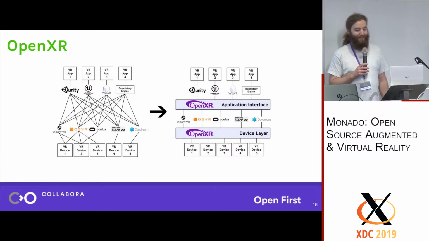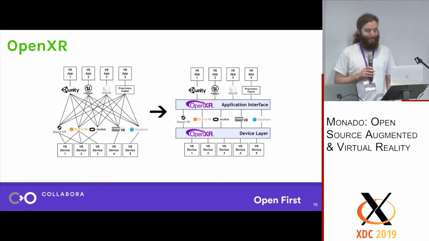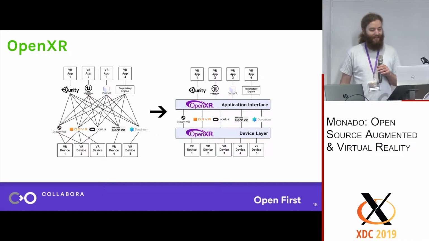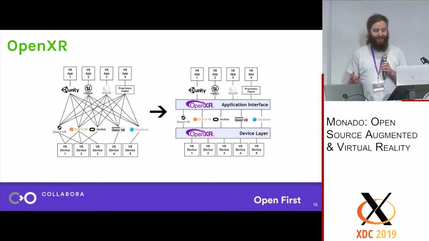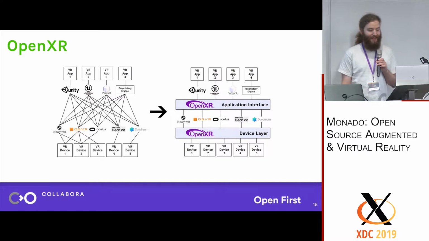And when we have OpenXR now, the applications and engines only have to support one interface, and all the runtimes will implement this one interface. So the same application only needs one code path.